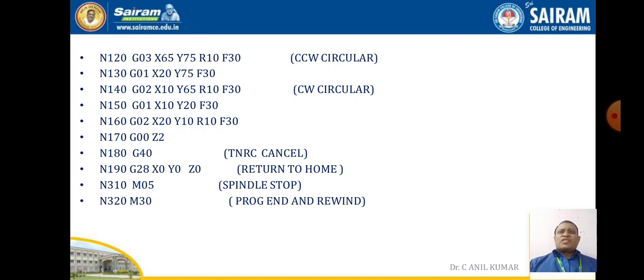N130, G01, X of 20 and Y of 75, F of 30, and N140, G02, X of 10, Y of 65, R of 10, and even here the feed rate can be changed to F of 25 itself, and it is moving in the clockwise direction.